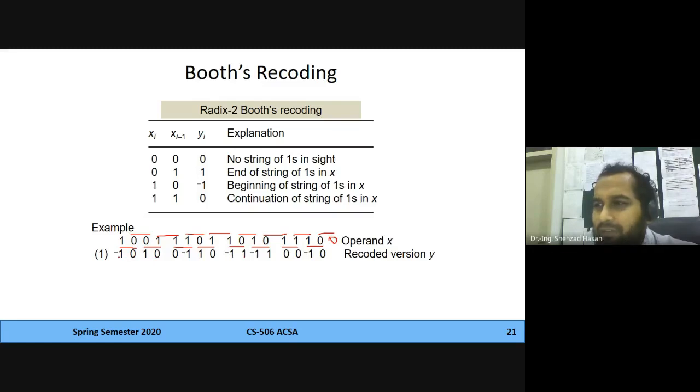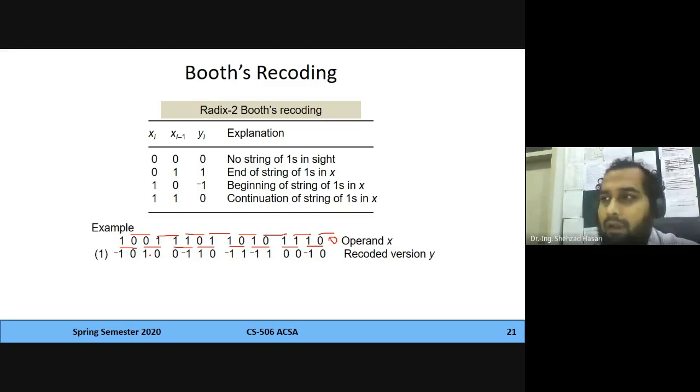So it's not much of an advantage. From 10 operations, we converted it into 9 operations. But on average, whenever you recode in Booth's algorithm, the number of operations gets fewer.